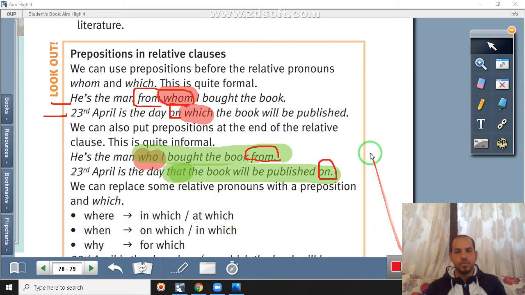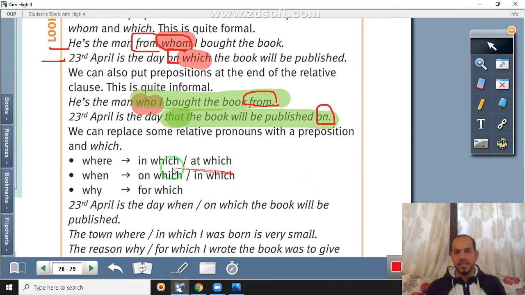You can replace them with which and a preposition together. For example, let's study these examples. Where could be replaced by which and the preposition in, or which and the preposition at. So where could be replaced by in which or at which.